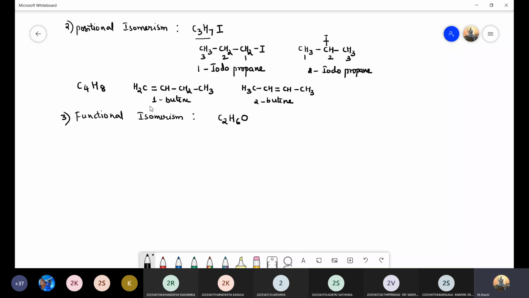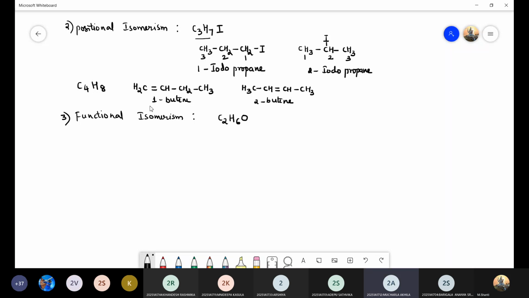C2H6O. Now, whenever you have an oxygen atom in the molecular compound, what are the possible functional groups with this? If you have oxygen, which one can you think of?